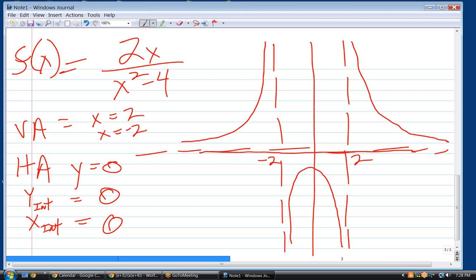And we would be able to tell whether it had this appearance if there were no x-intercept. Then we'd know that we're going to be looking at something like this. In other words, if it doesn't go through the x-axis, what else can it do? It's got to turn around and come back down, assuming we had a y-intercept like that. But this is a pretty typical hyperbolic graph also.